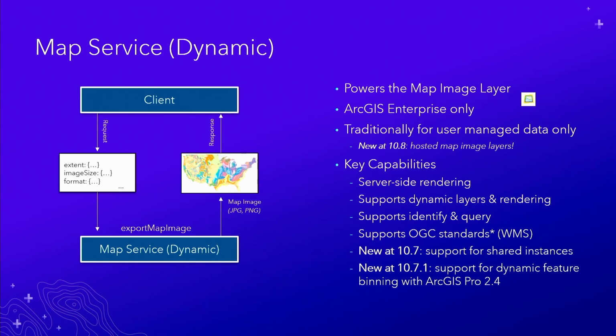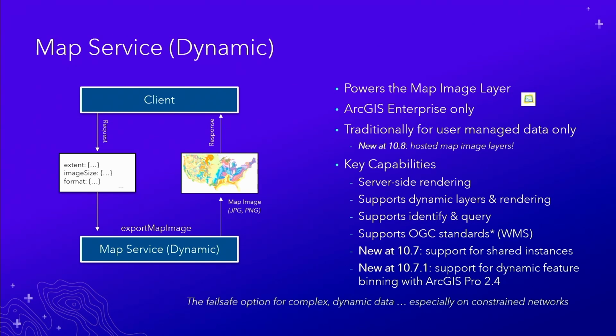At 10.7, we added support for shared instances, which dramatically improves memory management within ArcGIS Server as you add more and more services. And we also now support dynamic feature binning for services published from ArcGIS Pro 2.4.